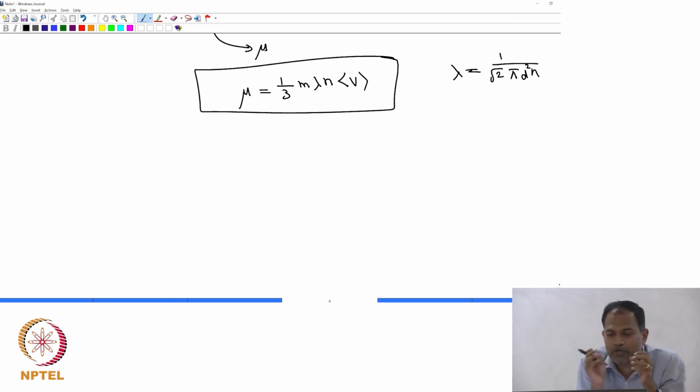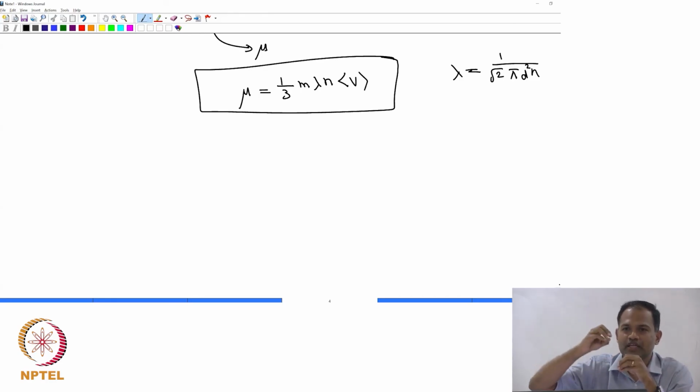We assume that the molecules are undergoing collisions and transporting momentum. Even in liquids, because of the large number of molecules, they do not really go somewhere else. They basically have a vibrational kind of motion.